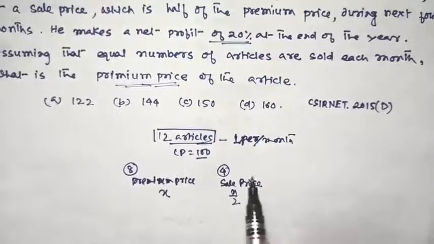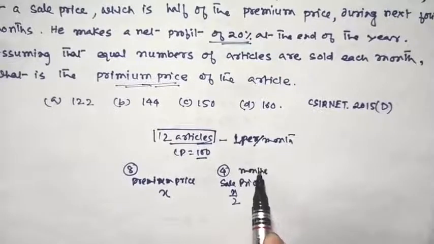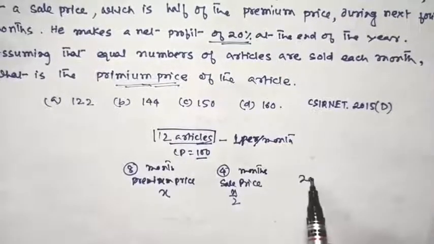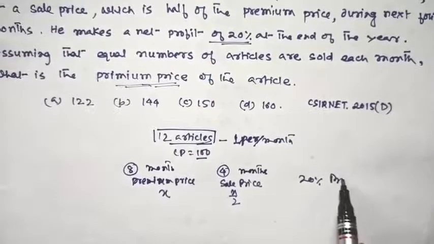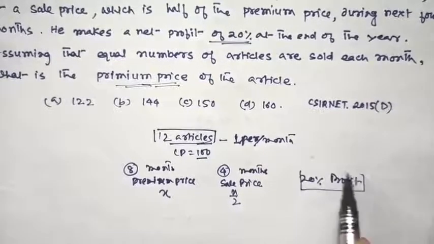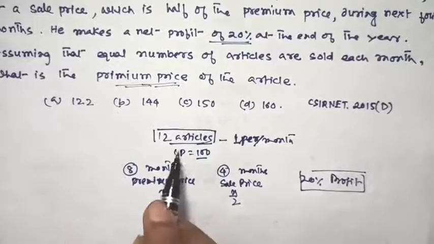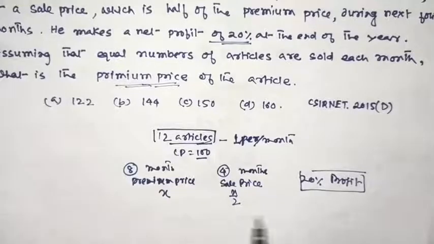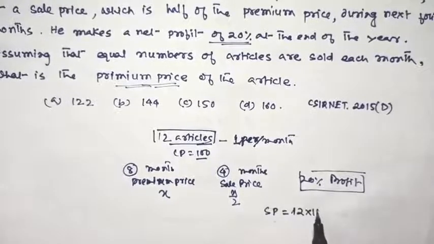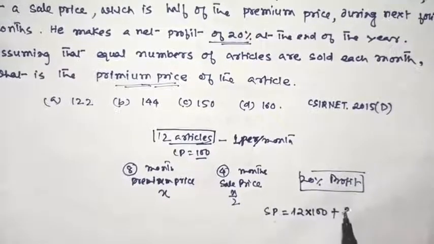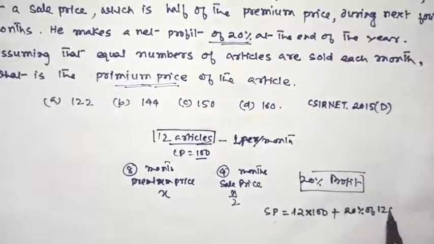And at the end of the year he was making 20% profit in total. So the selling price of these 12 articles would be 12 into 100, since 12 articles are there, plus 20% of 1200.